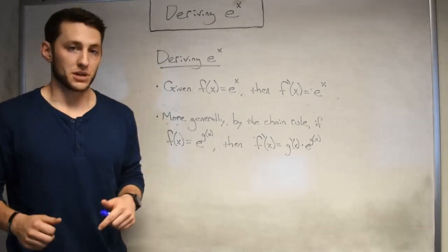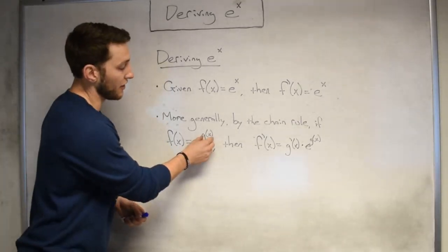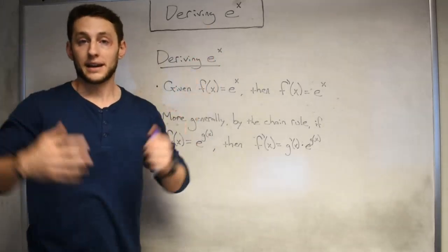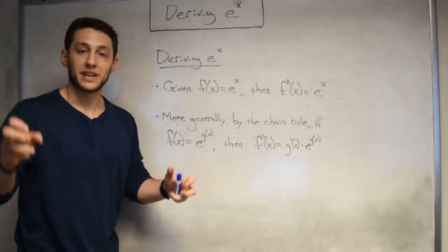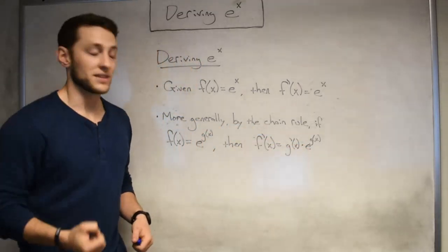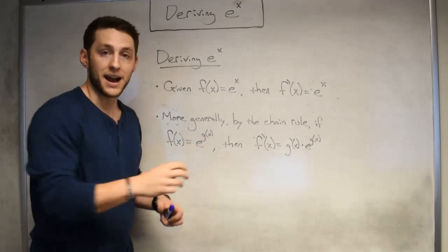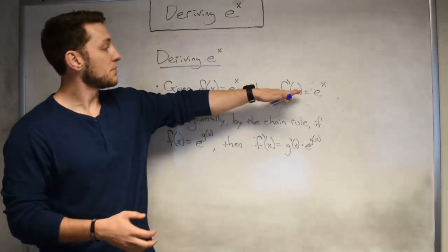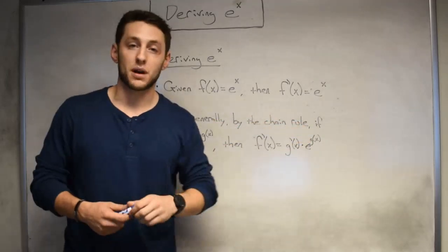The reason this comes from chain rule is you can think about having a function, g of x, trapped by another function, e to the blank. Therefore, the derivative of the outside is just e to the g of x. Now I have to times it by the derivative of the inside, the power, g prime of x. This actually will help you memorize this rule, and this works on a broader context.